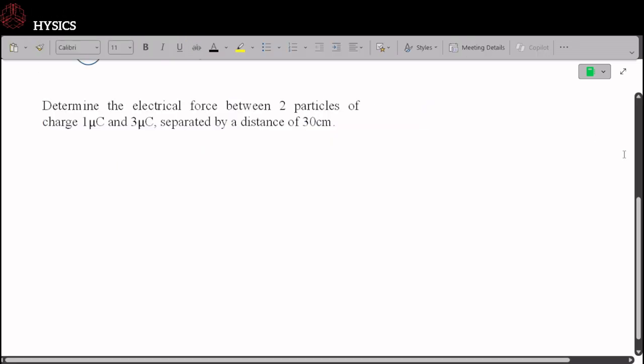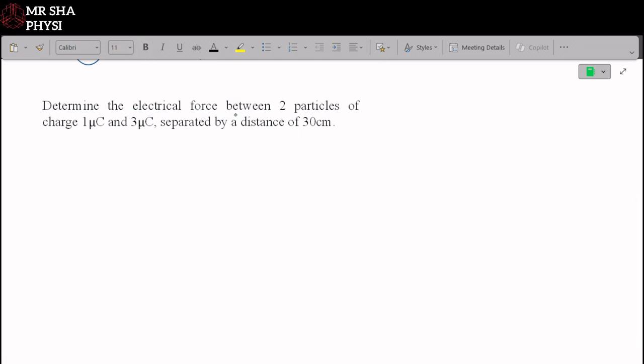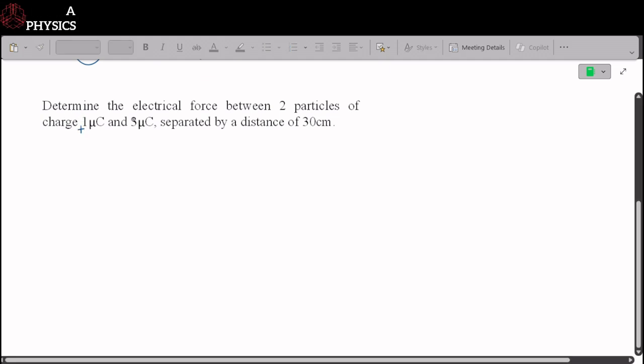Let's look at the first question. Determine the electrical force between two particles of charge 1 microcoulomb and 3 microcoulomb separated by a distance of 30 centimeters. If it doesn't have any sign, that would mean that it's going to be positive, and this is going to be positive.